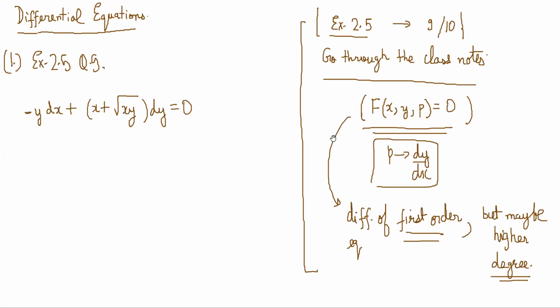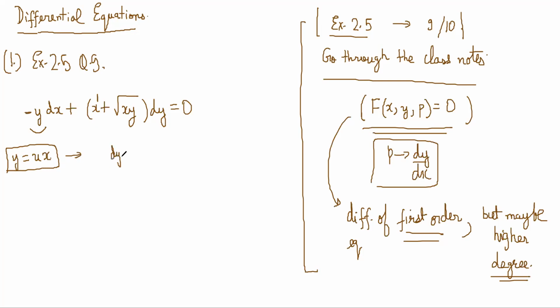But let's just try something simpler. So, let's say y is equal to ux, right? I'll try this substitution. Because what I can see is the power of this is degree 1, and this is also degree 1 because root of some degree 2 thing, right? So I will try this homogeneous substitution.